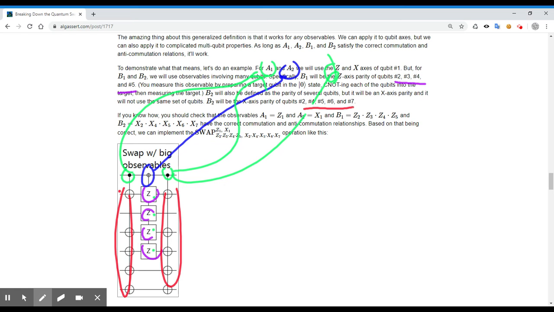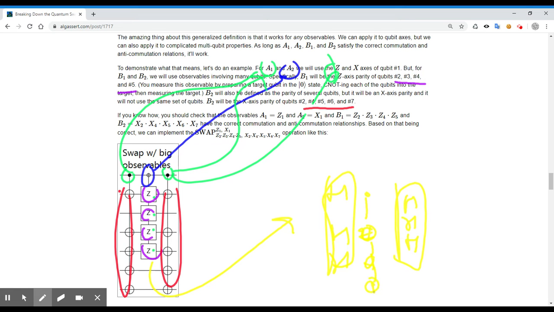And here the reason this is built this way is because it's the same as doing a Hadamard and then the CNOT, like doing a Hadamard sandwich, because it's the parity. So it will be the same, but you're doing a Hadamard sandwich.